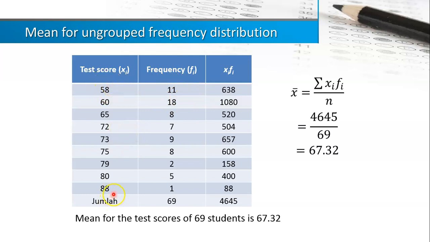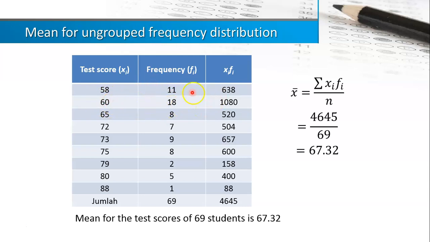Here, only one student, one frequency, with the test score 88. You can see there's a mode here: 18 students with the score 60.